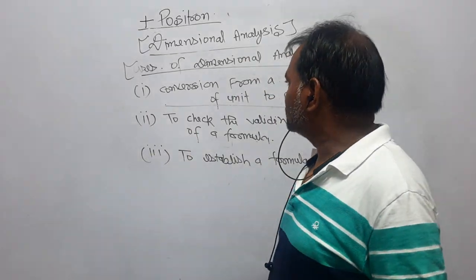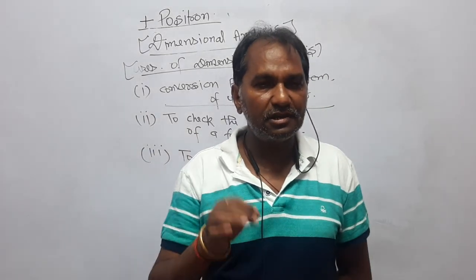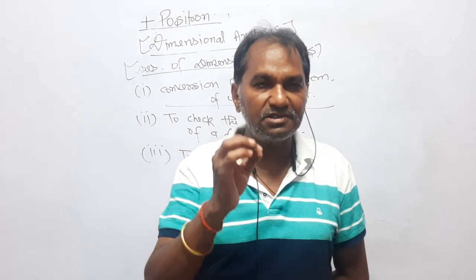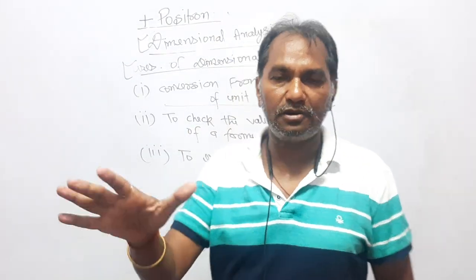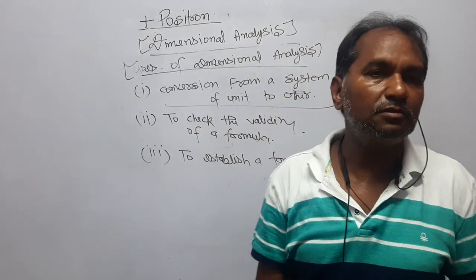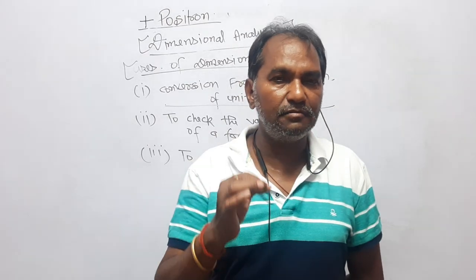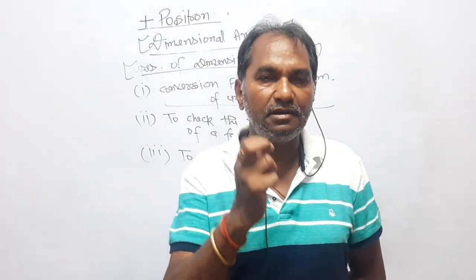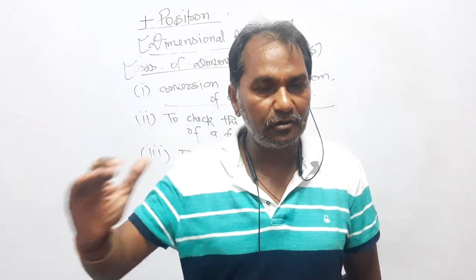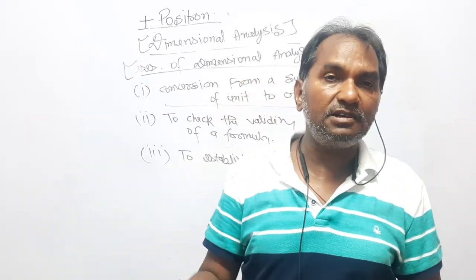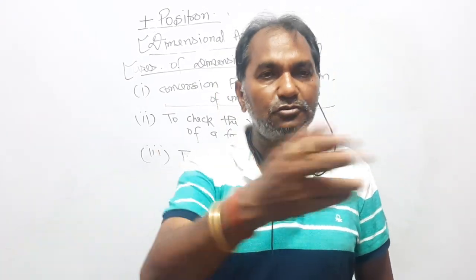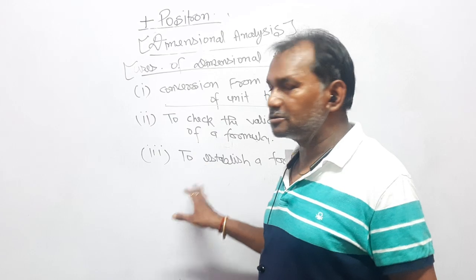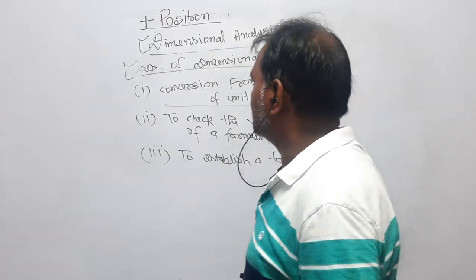Second is to check the validity of a formula, whether the given formula is dimensionally correct or not. And third is if it is given that a particular quantity in an experiment depends on certain quantities, then you can establish a relation between those quantities. This is also done by using dimensional analysis.